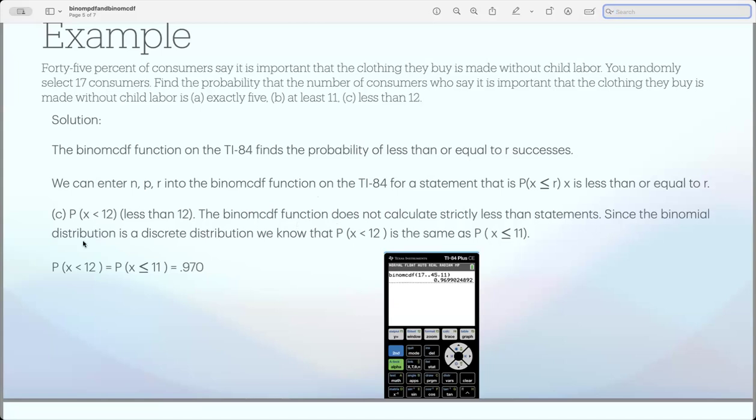Since the binomial distribution is a discrete distribution, we know that the probability that X is less than 12 is the same as the probability that X is less than or equal to 11. So we can use the binomial CDF function directly to calculate the probability that X is less than or equal to 11. So let's take a look at how to do that on the calculator.